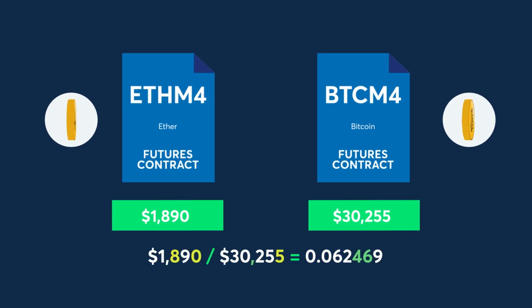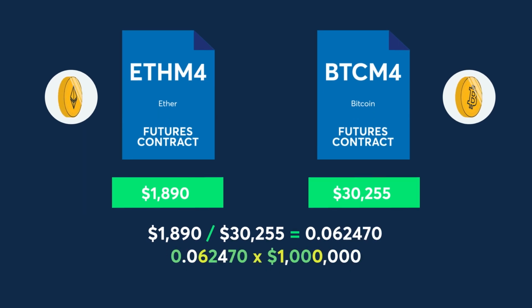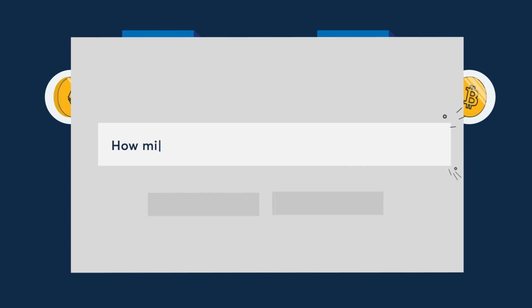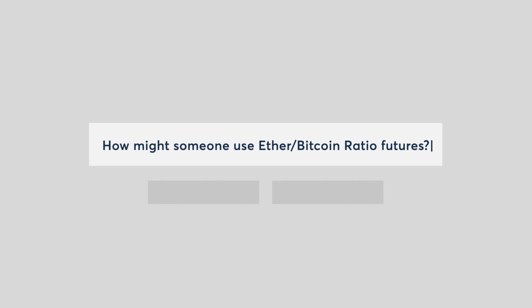The ratio is equal to the price of Ether futures divided by the price of Bitcoin futures, rounded to the nearest tradable tick, which goes out 6 decimal places. Then, to derive the notional size of the contract, you'd multiply the ratio by $1 million to get $62,470 for this scenario.